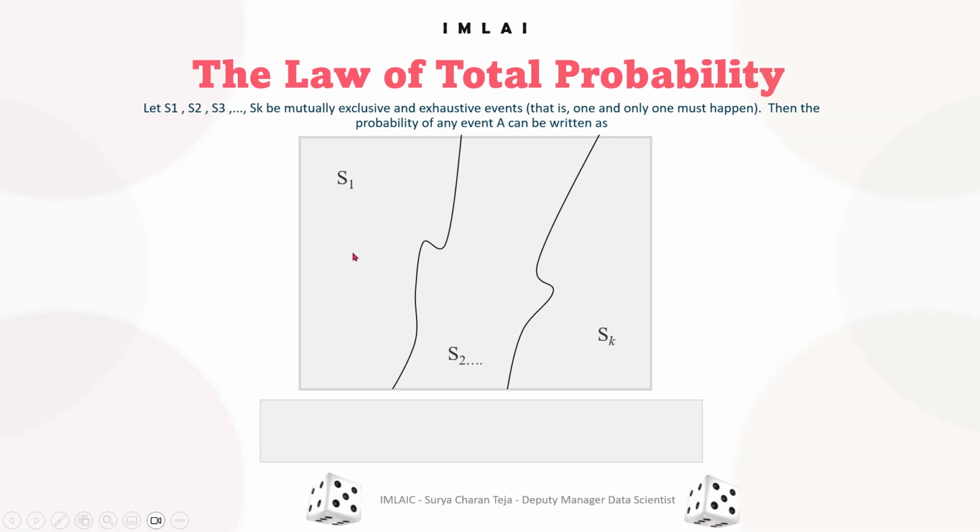Then the probability of any event A can be written as, let's see, this portion is A intersection S1. Of course, this is A. This is A intersection S1. This is A intersection Sk, and this portion is A intersection S2.